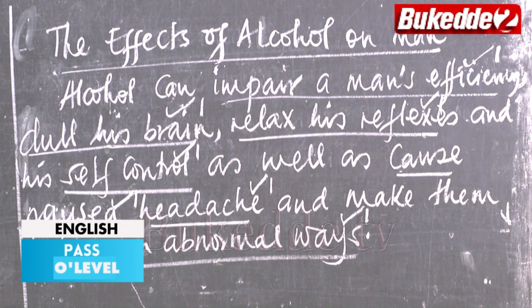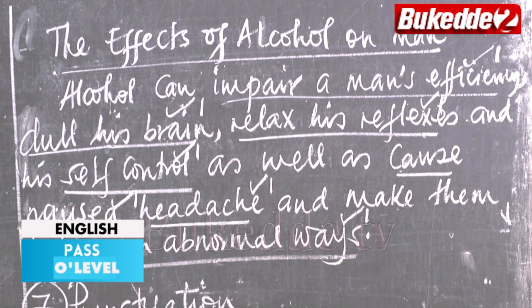But where is the secret? The secret is in punctuation. That brings us to the 7th point, and that is punctuation. That is punctuation as our 7th essential. Punctuation. Yes. We all know what punctuation is.